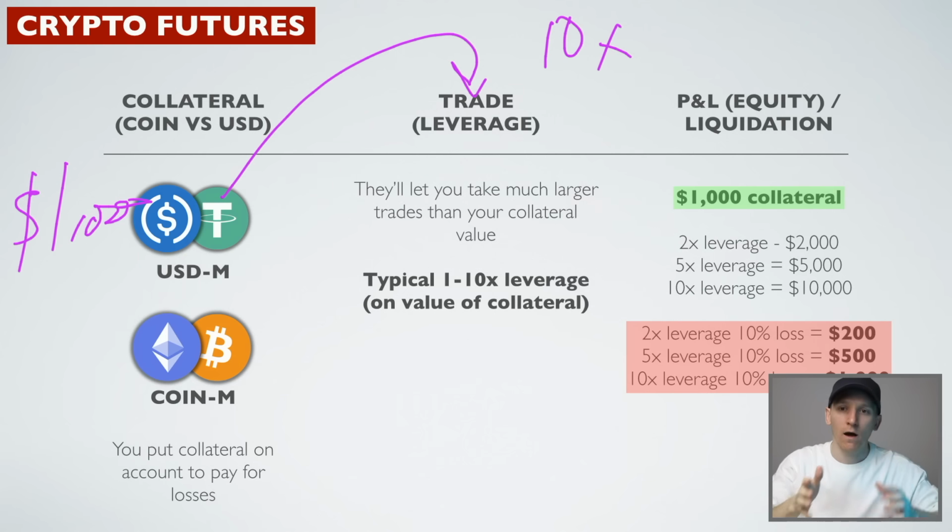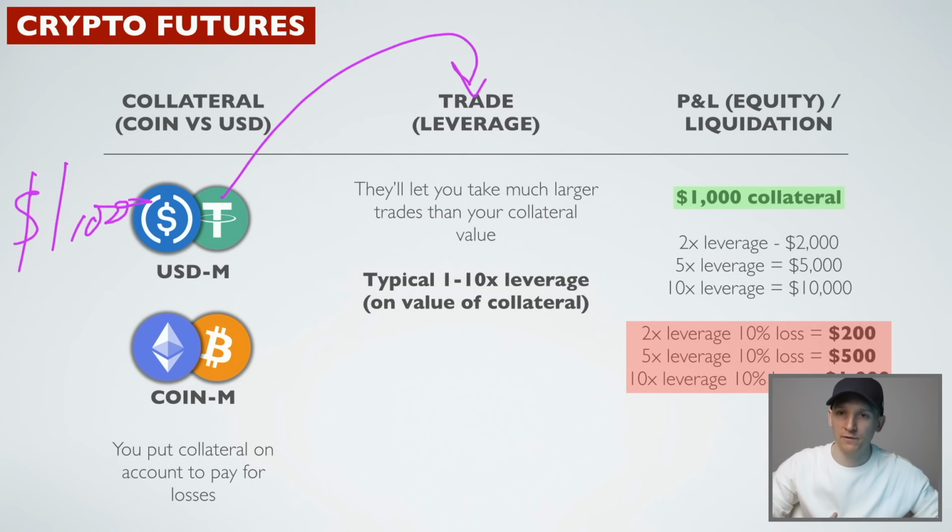And the reason is I've got that $1,000 there, and if I make a loss in that position, the exchange has that money that they can use to wind out of the trade and pay for any potential losses that I make. So with crypto futures, you just place collateral on your account to pay for any potential losses from the trades that you make. Now, with that comes some increased potential of risk.